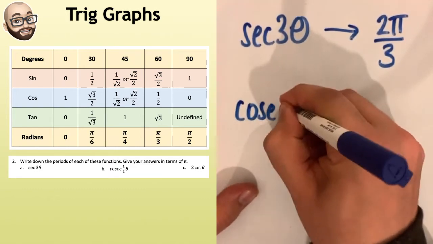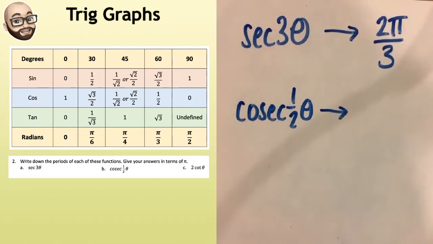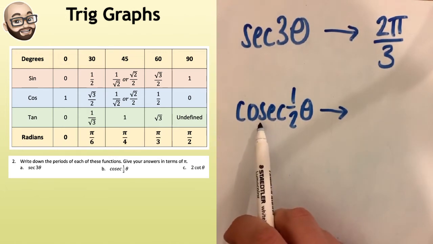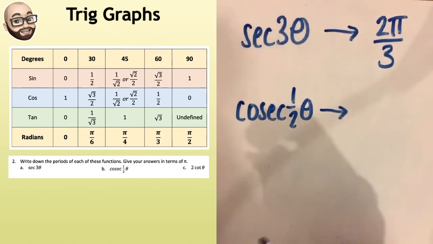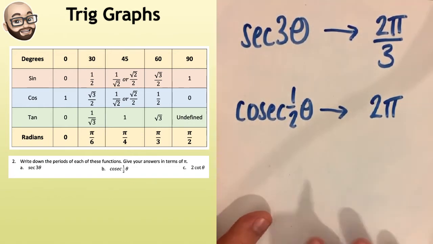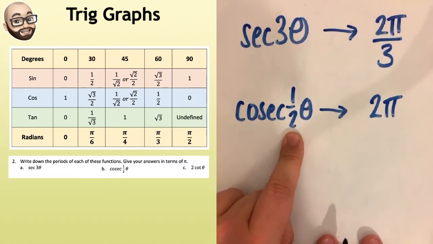For cosec of a half of theta, this is linked in with the sine graph. The sine graph also has a period of 2 pi, but this is a half, which means we're actually stretching it scale factor 2 in the x direction.